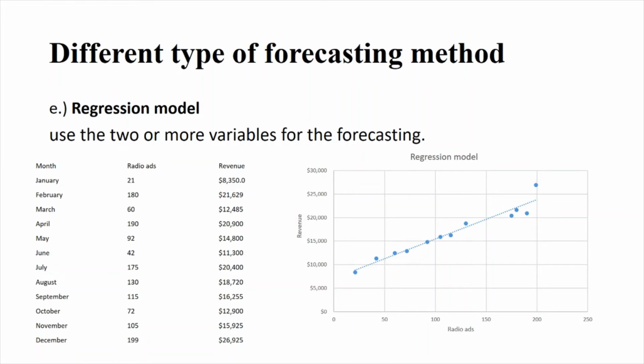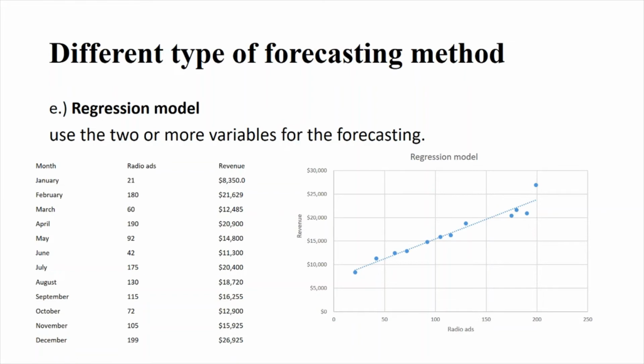If the sale of marker increases, then the sale of pen increases and the sale of color pencil decreases. It means pen, color pencil and marker are related with each other for sales. Here we can see an example: radio ads and revenue.